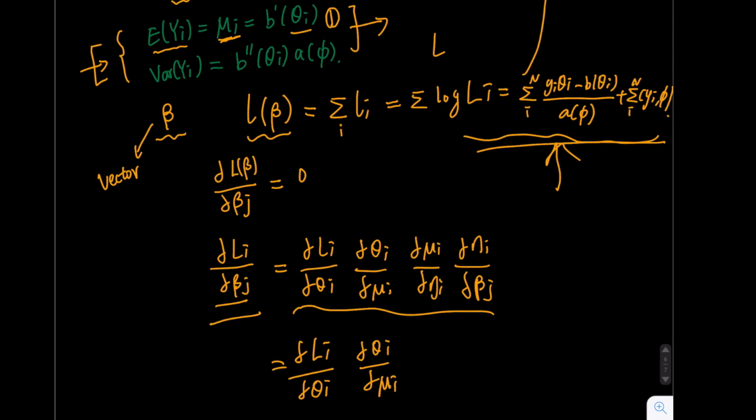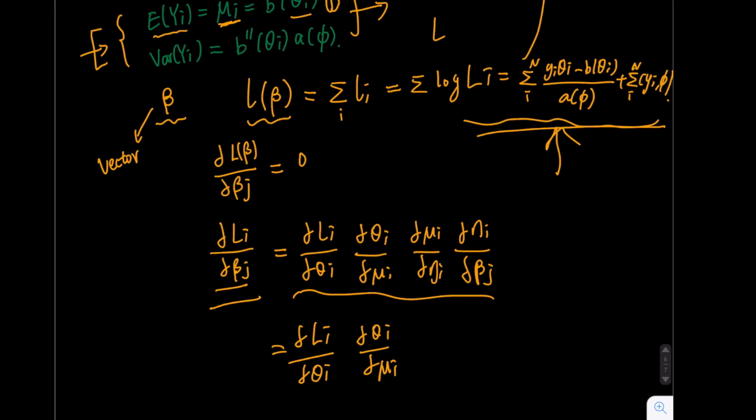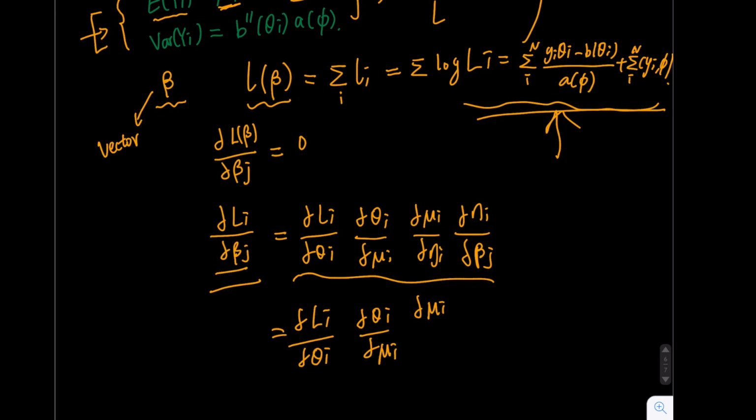And then mu i is part of the random component. It's the mean of the random component. And I emphasized this a couple of times: the link function connects the random part with the systematic part. So now the third derivative will be something that connects the random part with the systematic part. And we know it has to be d mu i in the numerator so that you can cancel them out and make sure it's equivalent to the left-hand side.